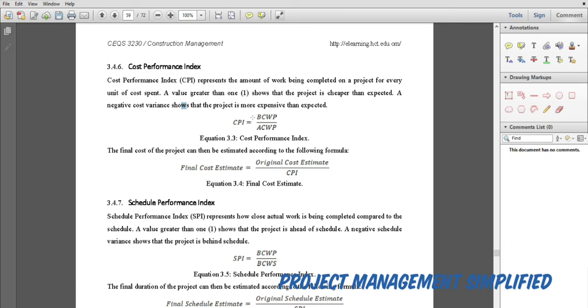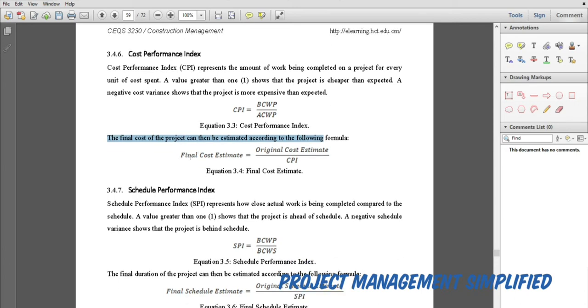Okay, so the CPI formula: CPI equals baseline cost of work performed over the actual cost of work performed. Then you can estimate the final cost of the project according to the CPI. So the final cost of the project can be estimated according to the following formula.